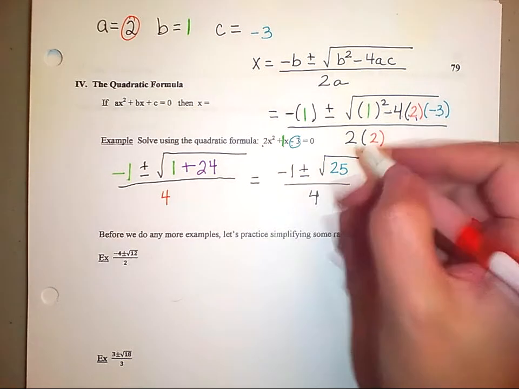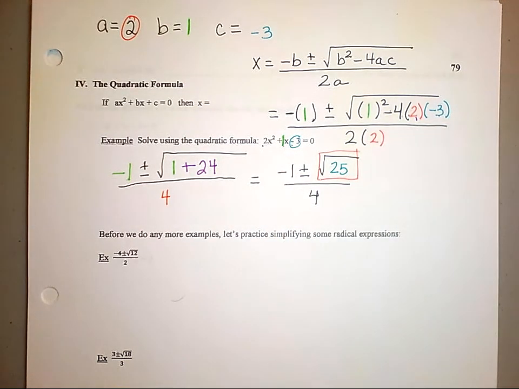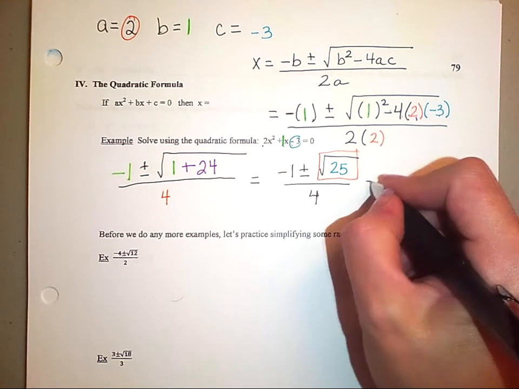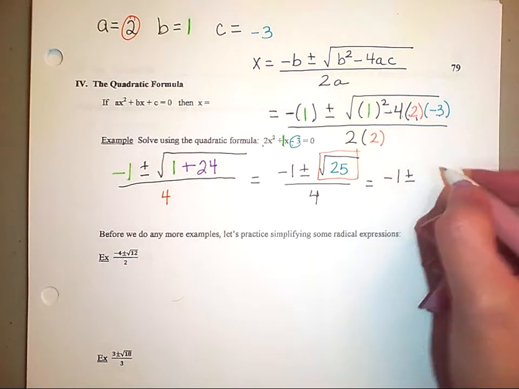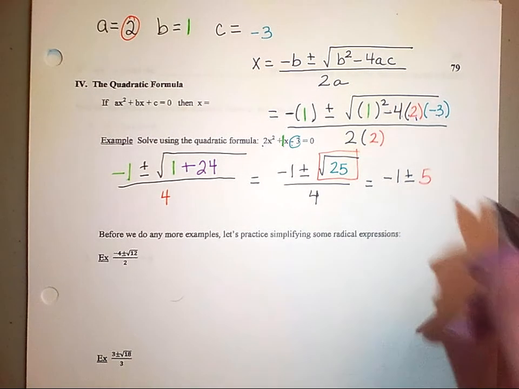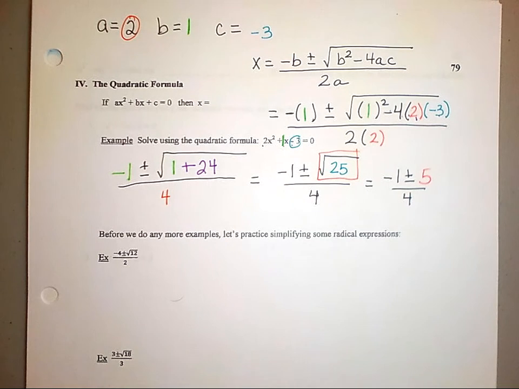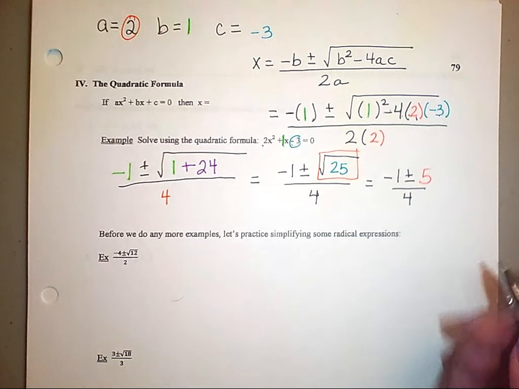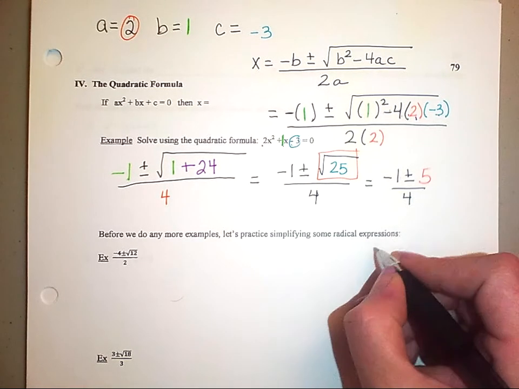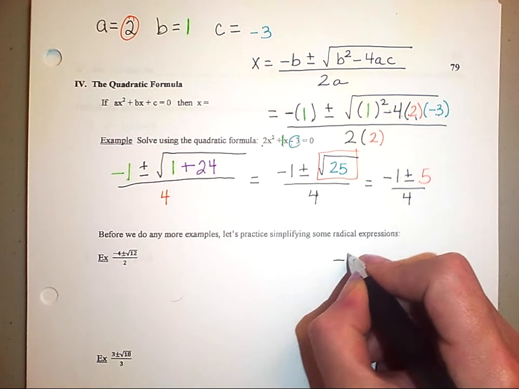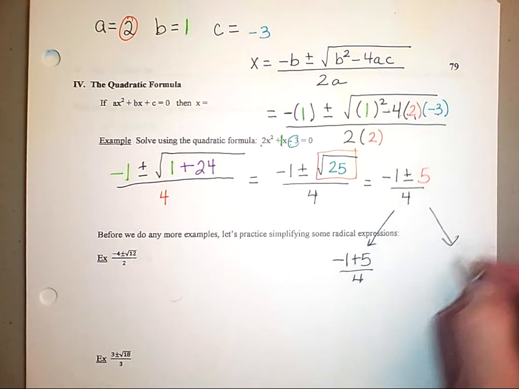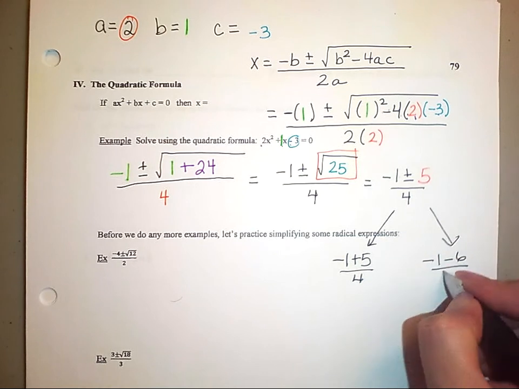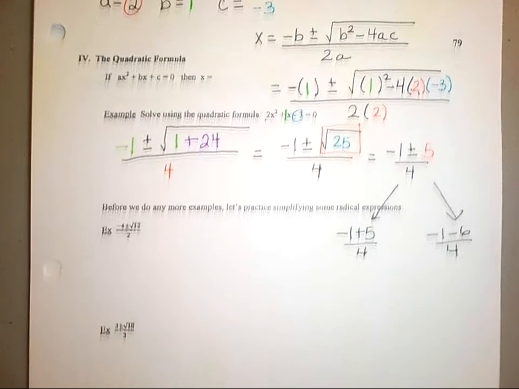Now we can simplify the square root of 25. We know that's just 5. So this is equal to negative 1 plus or minus 5 over 4. And now these are integers, so we really have two different expressions. It's either that negative 1 plus 5 over 4 is our answer, or negative 1 minus 5 over 4 is our answer.